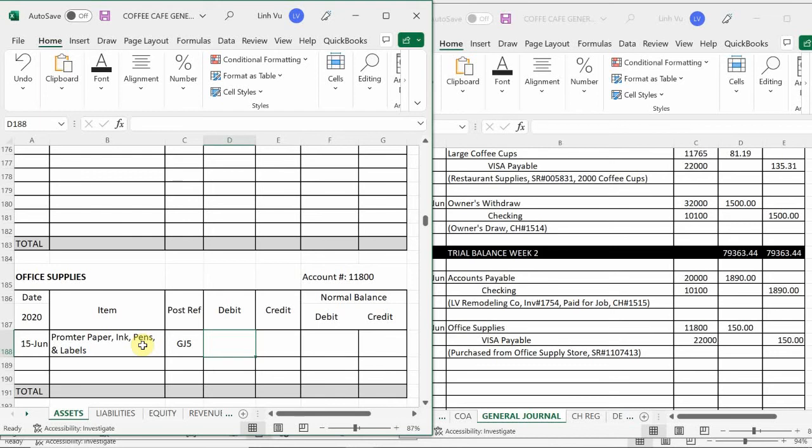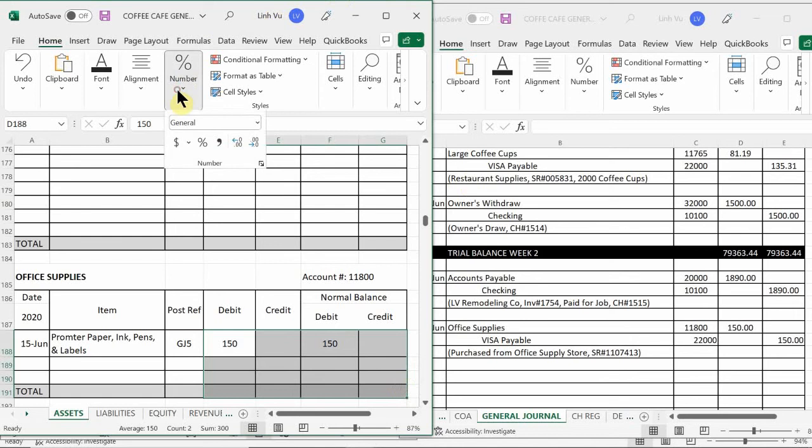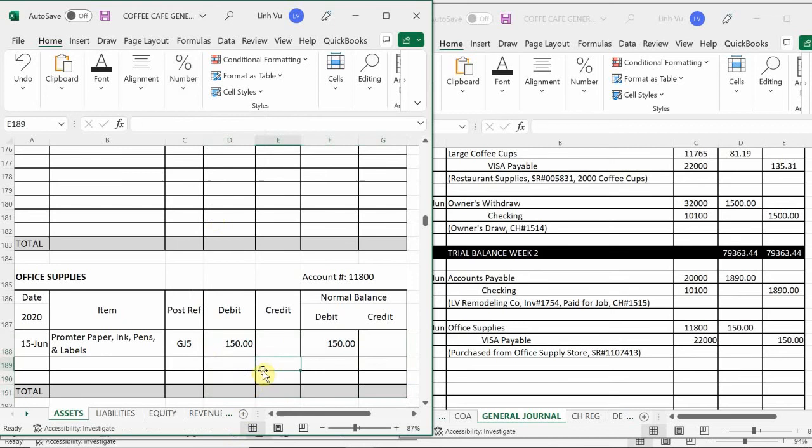I'm just going to say I bought $150 worth of office supplies. It'd be a debit on your normal balance, because we started with 0 and you're adding 150 to it, so it's going to be 150. Good.